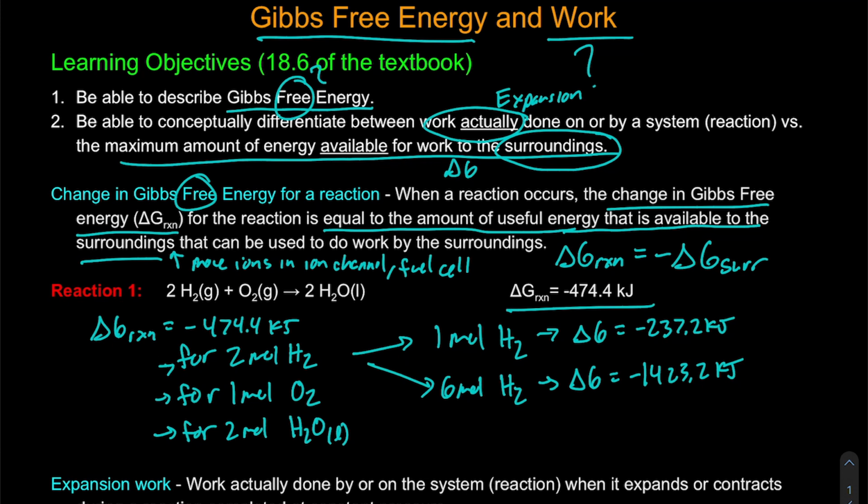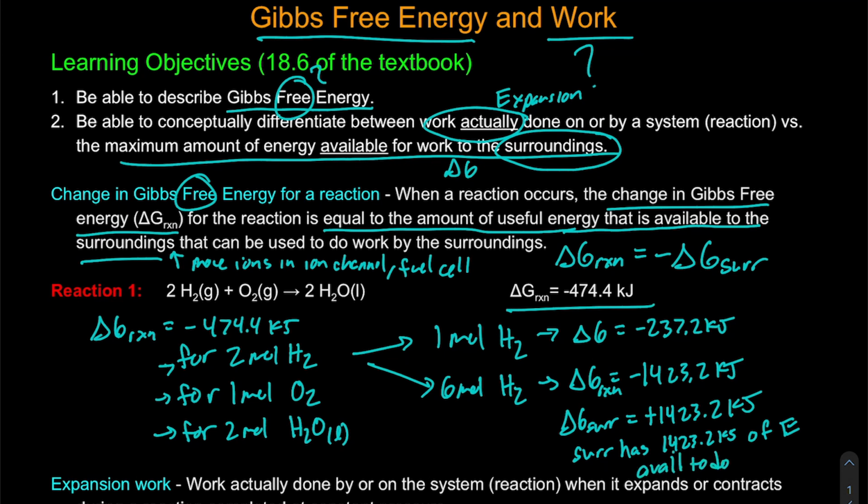Now, how does this relate to the surroundings? If this is the delta G of the reaction, the delta G of the surroundings is positive 1423.2 kilojoules, or the surroundings has 1423.2 kilojoules of energy available to do work, so to do something with it, right?